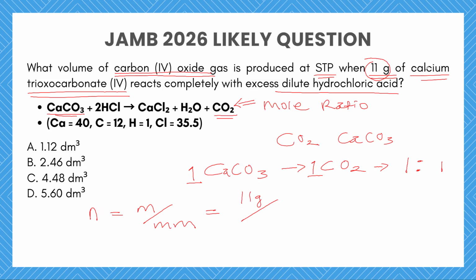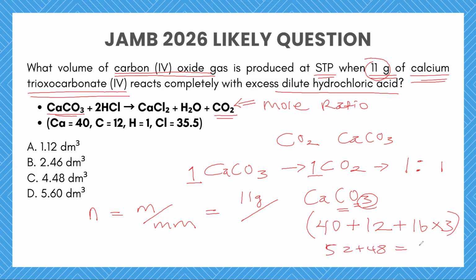The molar mass of CaCO3 is not difficult to calculate: Ca is 40, plus C is 12, plus O is 16 multiplied by 3, because there are 3 atoms of oxygen. Altogether, 52 plus 48 gives a total of 100 grams per mole.